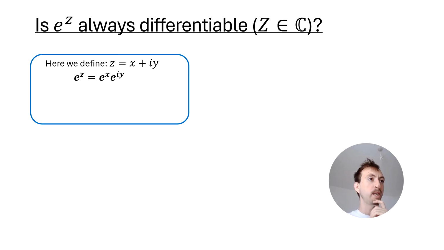So, that's what e to the z breaks down into. And breaking it down into this is helpful because it emphasises that e to the z is the product of a real function and a function that exists in the complex plane.